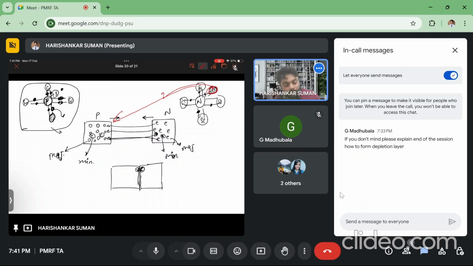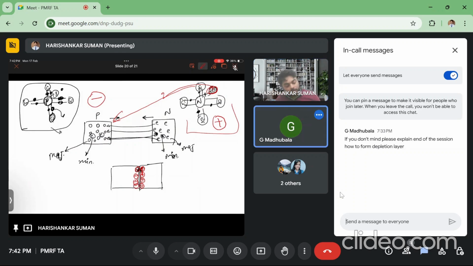Initially the atom is neutral, but the whole atom becomes positive or negative. Positive charge, and similarly negative charge, if one electron-hole pair recombines. So this side is negative, this side is positive. Clear? Yes, sir, this is clear.